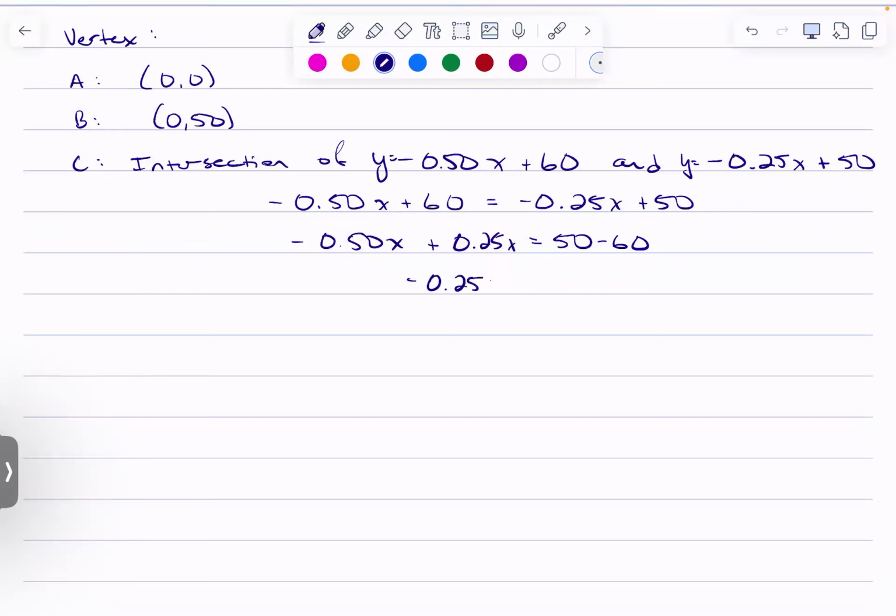Negative 0.25x is negative 10, and negative 10 divided by negative 0.25 is 40. I got negative 40 at first, that's wrong. 50 minus 60 is negative 10, not 10.